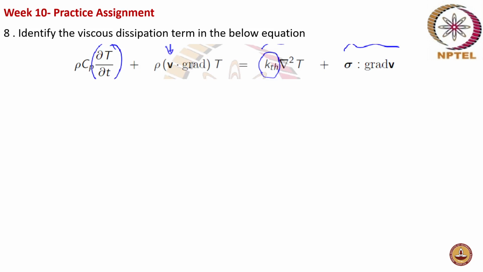So you have the following equation: rho Cp into dou T by dou t, where capital T is your temperature and small t is your time, plus rho into V dot gradient of temperature, is equal to k, where k is your thermal conductivity, into del square T plus sigma into gradient of V. You have to find out which is the viscous dissipation term in this.